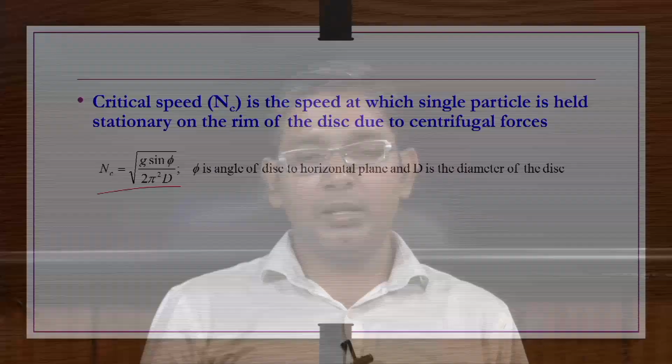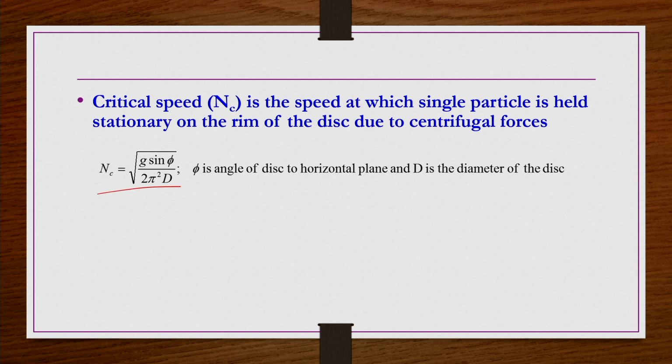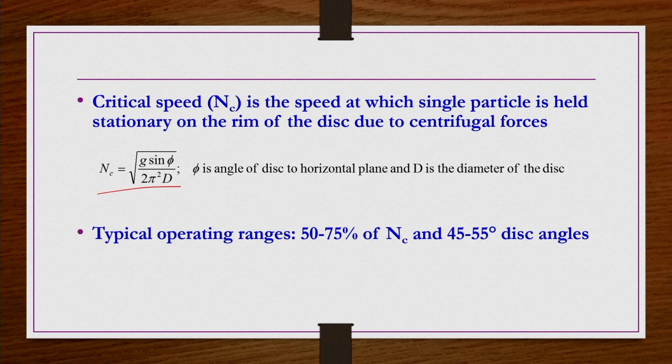That angle at which they are mounted is known as the angle of disc to horizontal plane, and d is nothing but the diameter of the disc. In general, typical operating ranges for disc granulators are 50 to 75% of critical speed, and the disc angle should not be more than 45 to 50 degrees.